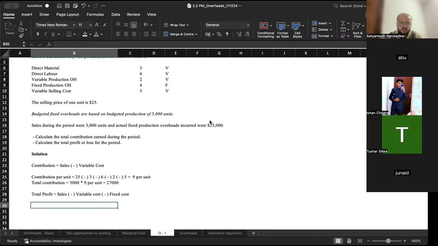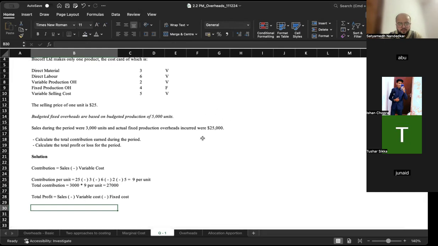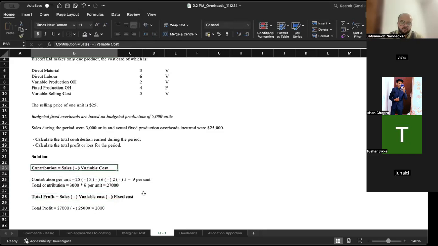Now, total profit is contribution minus the fixed cost. Here, the fixed production overheads incurred were 25,000. So, if I have to calculate my total profit, it will be 27,000, sales minus variable cost, which we have already done, minus fixed cost of 25,000, that is 2,000. So this is how I get my total profit. This is how I get my contribution.